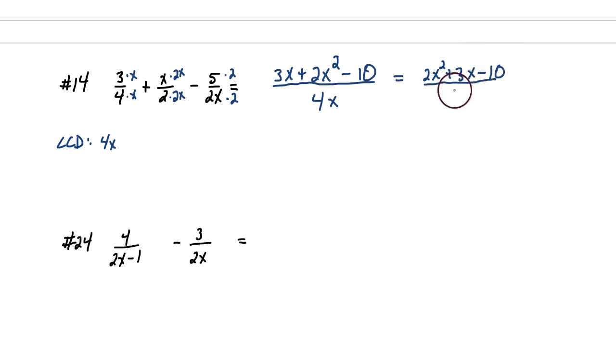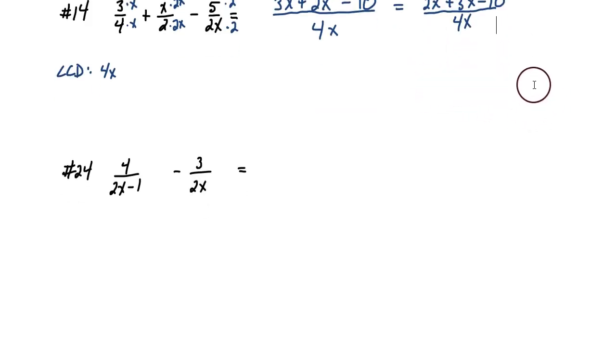And that's all over 4x. We could try factoring the trinomial, but we know that trinomials factor using FOIL, and that makes a binomial times a binomial. So that's not going to create something that reduces with 4 and x. So we might as well just leave it like this.